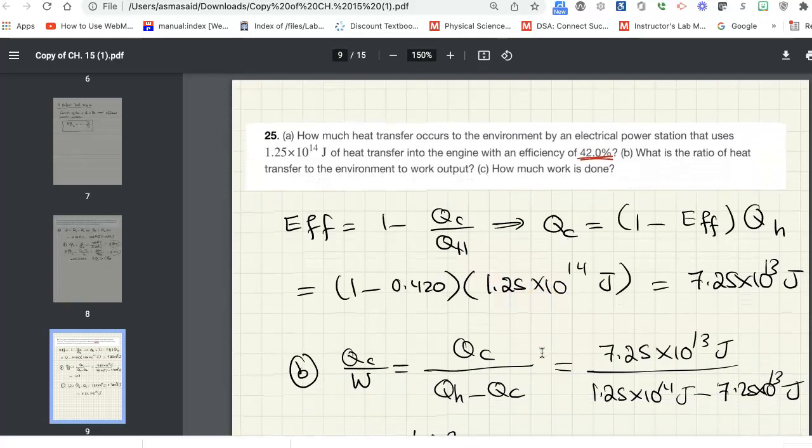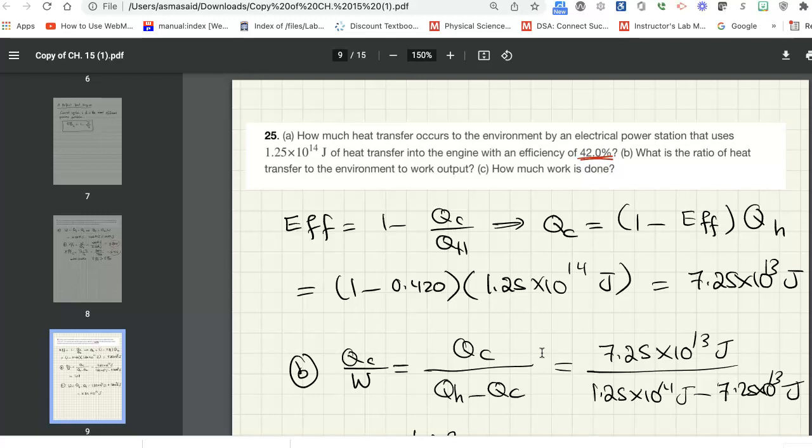Here we have another example talking about how much heat transfer occurs to the environment by an electrical power station that uses 1.25 × 10^14 joules of heat transfer into the engine with an efficiency of 42.0%.